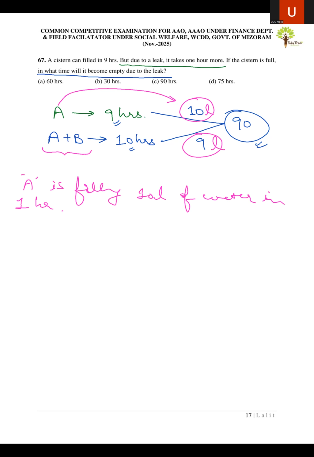It means A alone is filling 10 liters of water, and A and B together are filling 9 liters. It means what? B is leaking. B is leaking how much? 10 minus 1 will get 9. So B is leaking 1 liter of water. That is, B is emptying 1 liter in 1 hour.